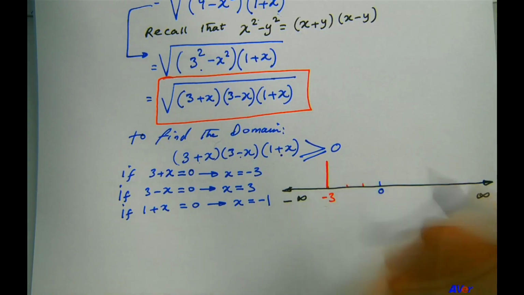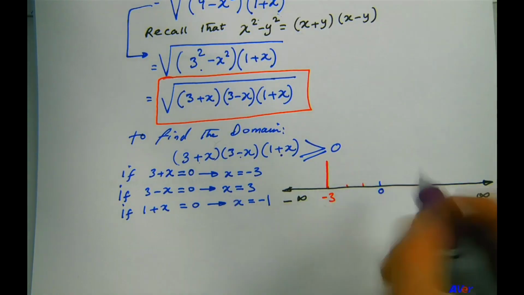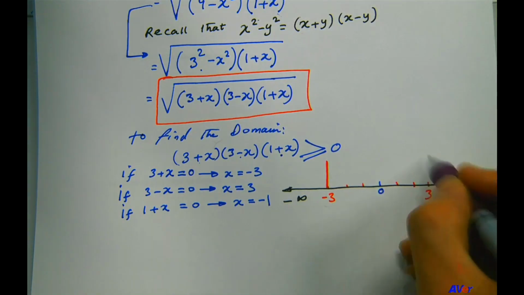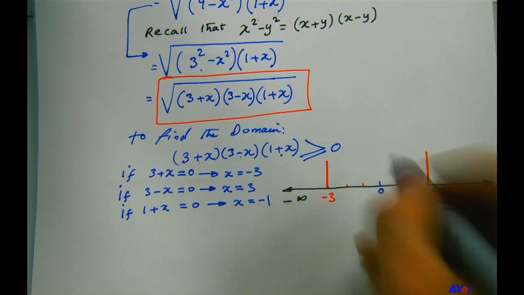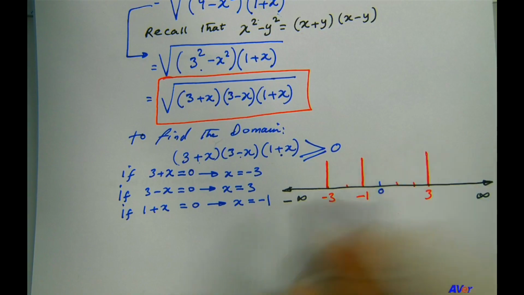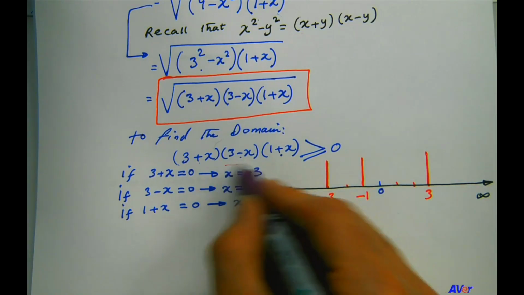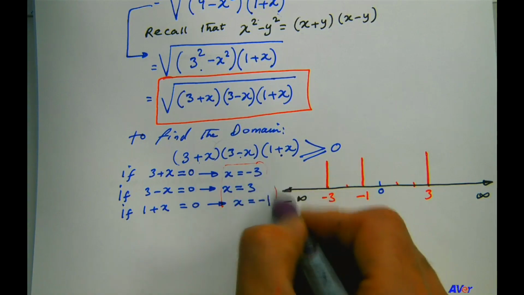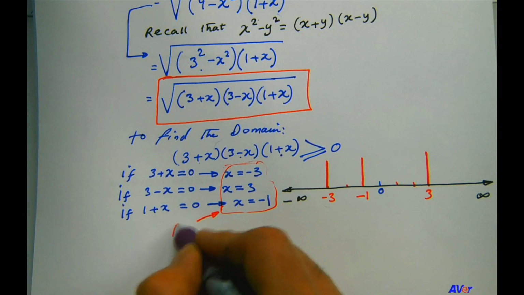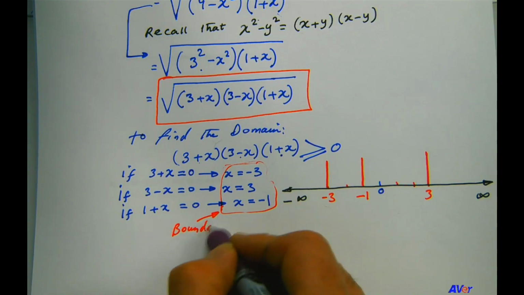So I'm going to put a solid line over it. x equals 3, there's that. I'm going to put a solid line over it. And x equals negative 1, I'm going to put another solid line over that. Look at that. These are called boundary solutions.